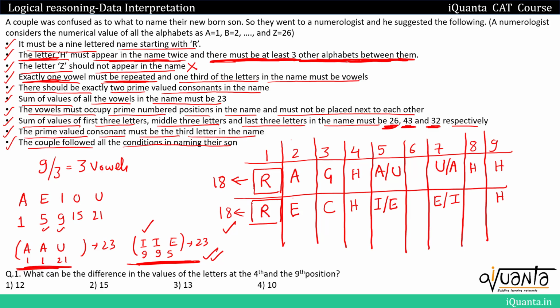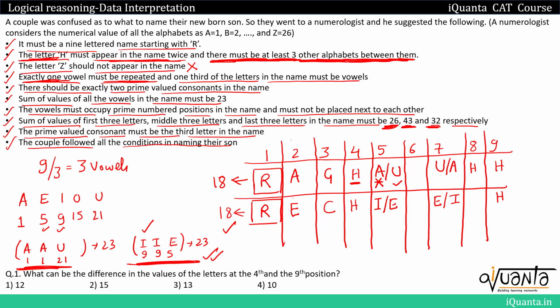Now after that we have the sum of middle values as 43, and middle values are 4, 5, 6. So if I take the first case, H plus A, H is having value 8, A will have value 1, so 8 plus 1 is 9. And to make the value 43, I need 34 more, but there is no such alphabet having value 34, so that means we cannot have A at the 5th position, we'll have U at the 5th position.